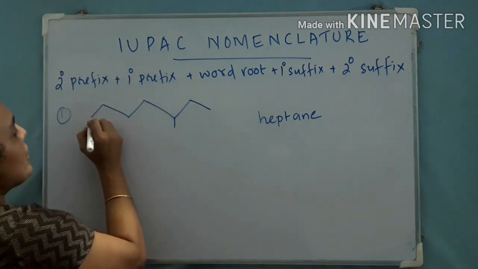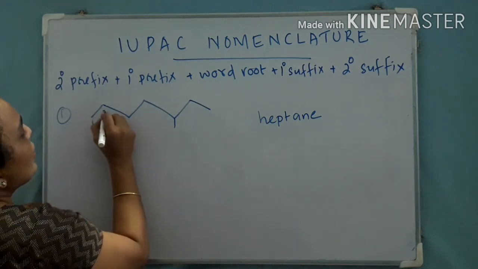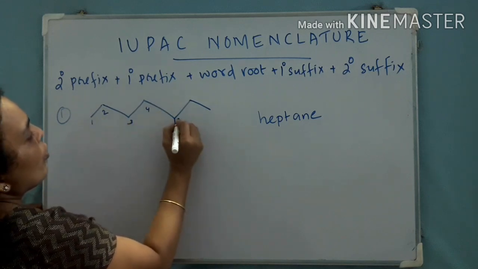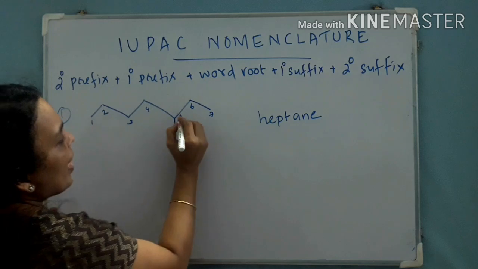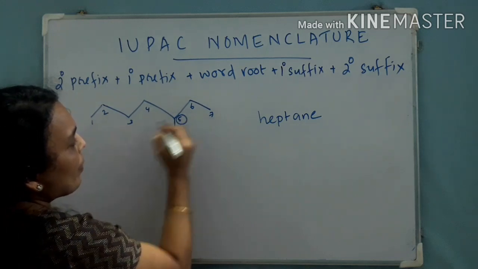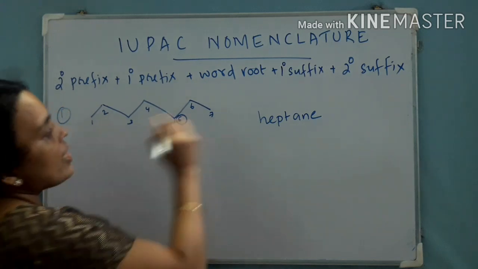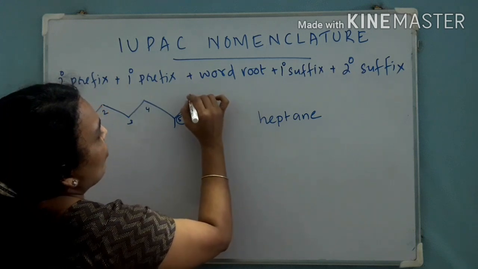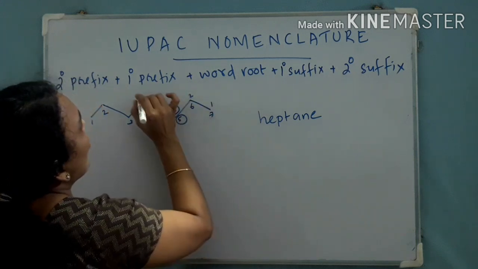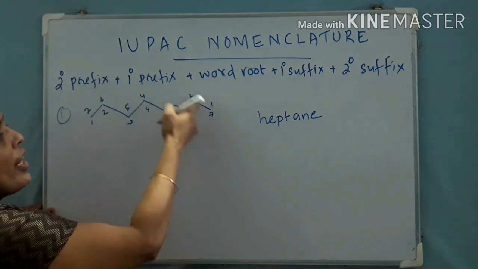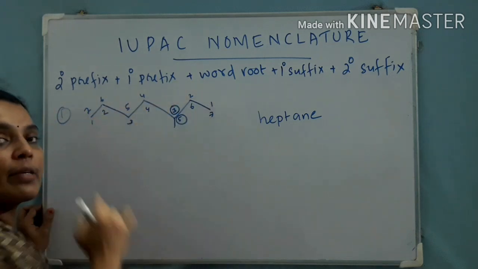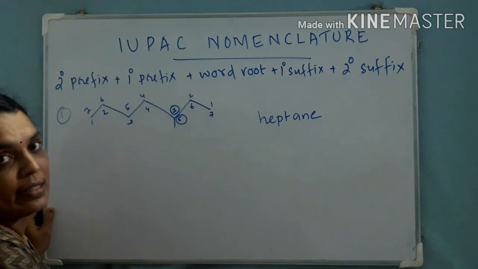So we can number this compound from here 1, 2, 3, 4, 5, 6, 7. If you are numbering in this way, this methyl substituent gets the number 5. Suppose you are numbering from here 1, 2, 3, 4, 5, 6, 7. If you are numbering in this way, this methyl substituent gets the number 3.